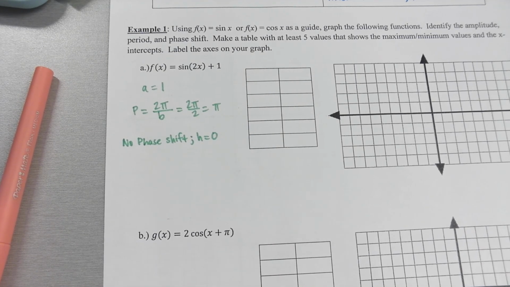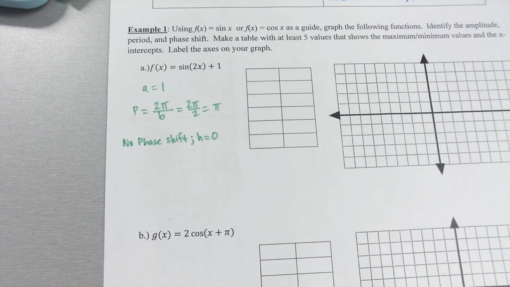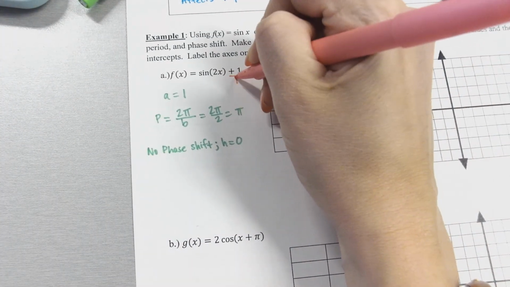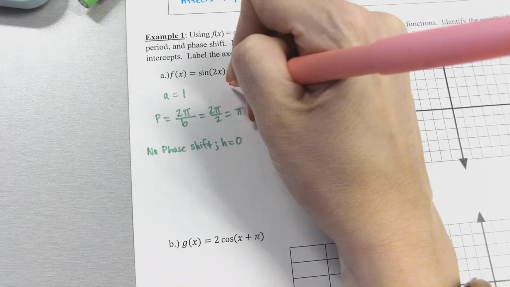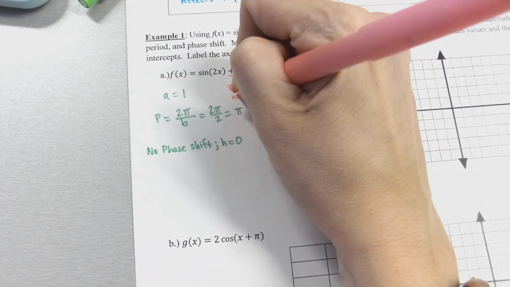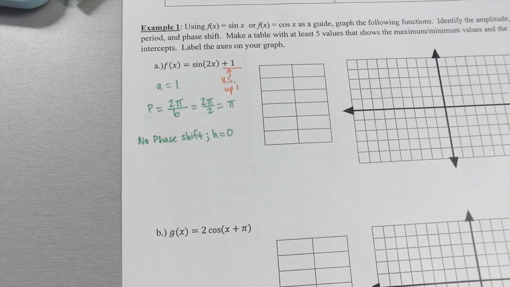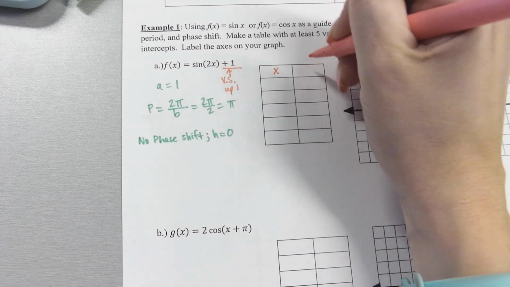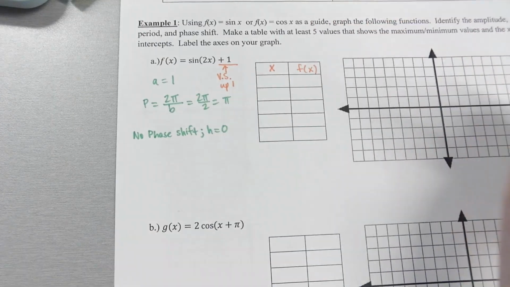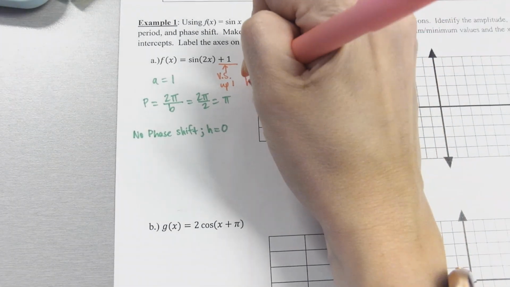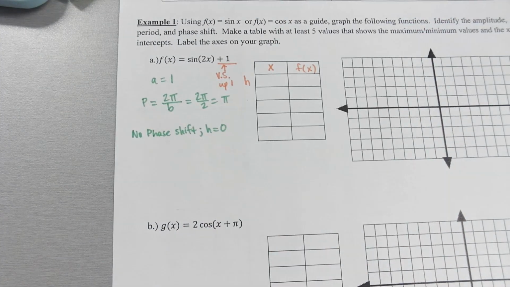Okay, what we do have to note here is that if you have the +1, that is a vertical shift. Okay, so I usually just put VS up 1. All right, so there are a lot of similarities between what we've already done. So you might recall from day 1, we always started at H. Do you guys remember where we ended?